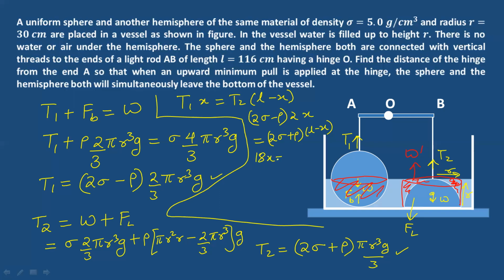So 18x is equal to, this is 10 plus 1, that is 11 times L minus X. So if you just open the brackets, you would see that it is going to be 18x plus 11x, that is 29x, is equal to 11 times L. So X is going to be equal to 11 into 116 by 29, and when you solve this, 29 times 4 is 116.